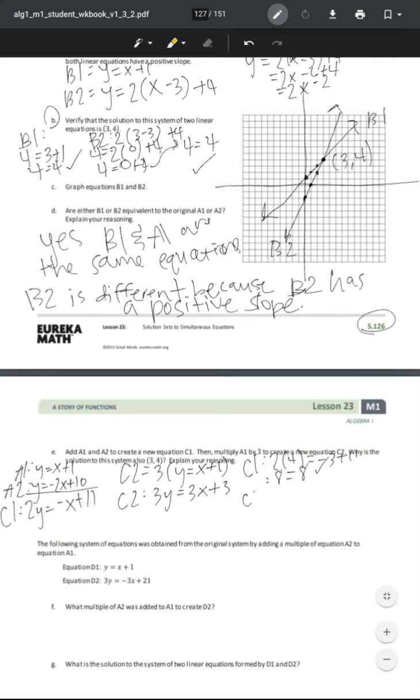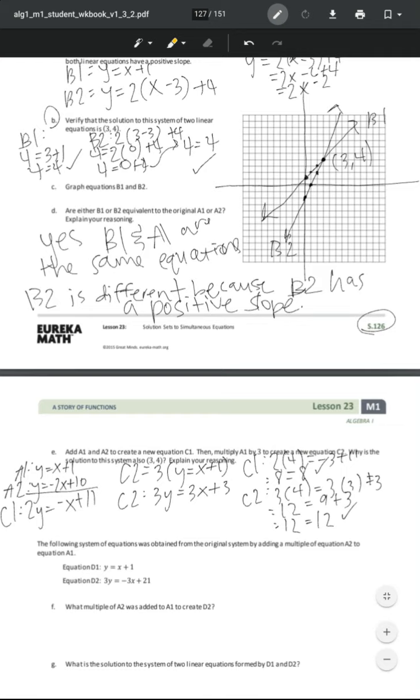If we do the same thing for C2, we get 3 times 4 equals 3 times 3 plus 3. So 3 times 4 is 12, 3 times 3 is 9 plus 3, so 12 equals 12. We're not creating a new equation. When we made C1 and C2, we were taking what we already had and creating multiples from them.